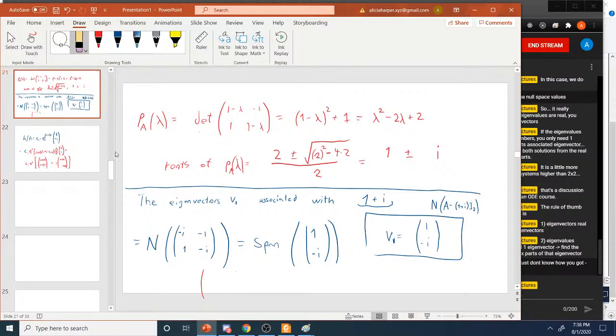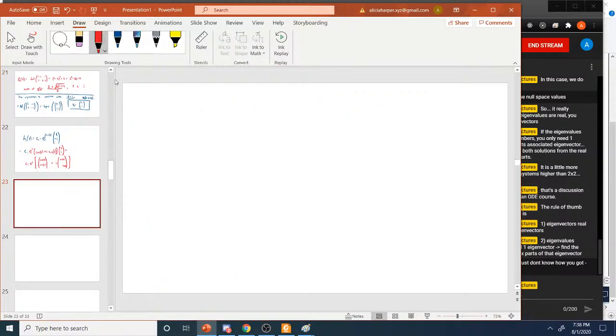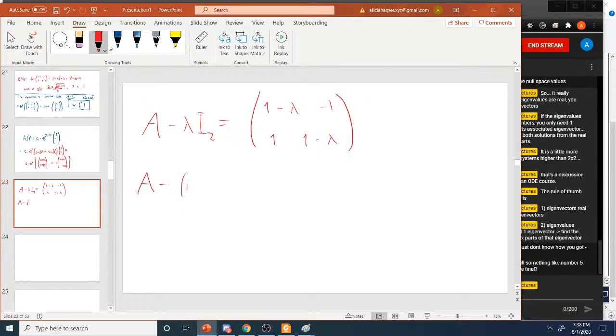Actually, let me maybe do it on another slide to make it very clear. A minus lambda I2 is equal to 1 minus lambda, negative 1, 1, 1 minus lambda. And so then what I'm doing is I'm setting A minus 1 plus i times I2.